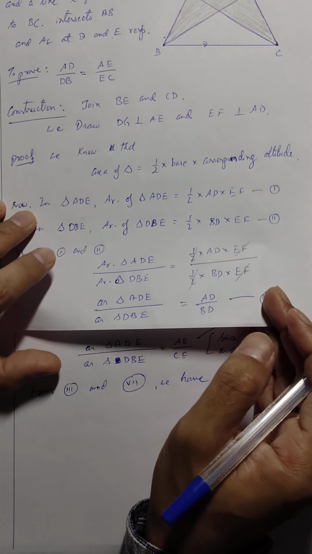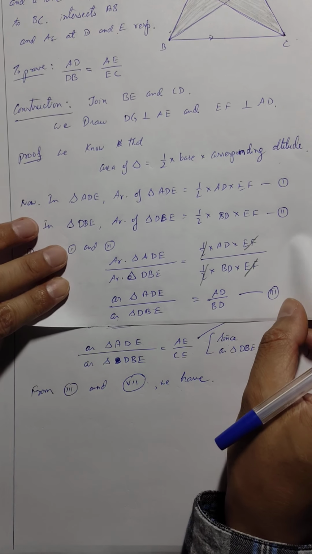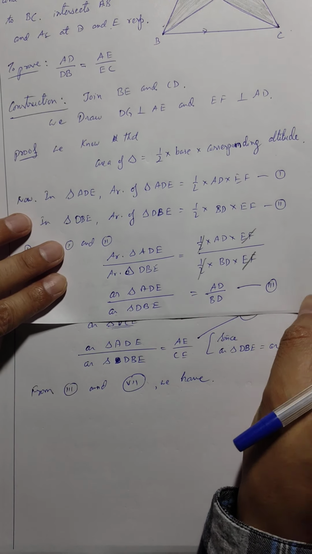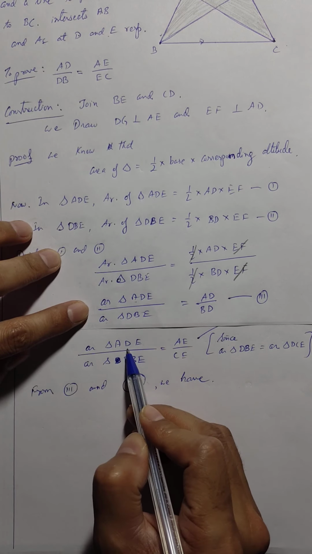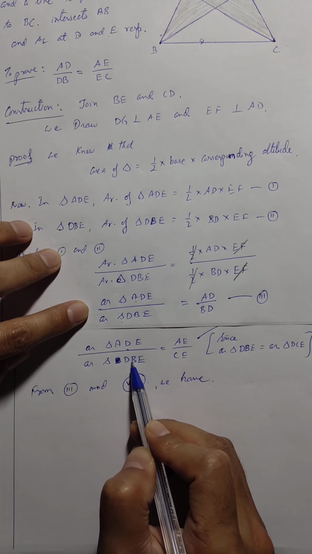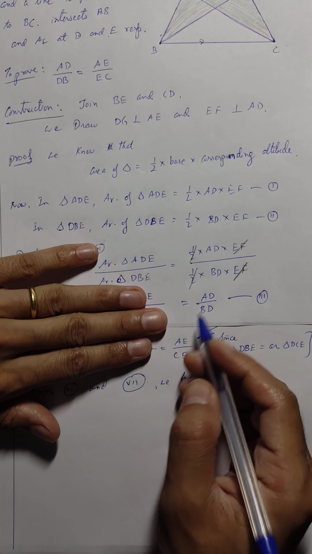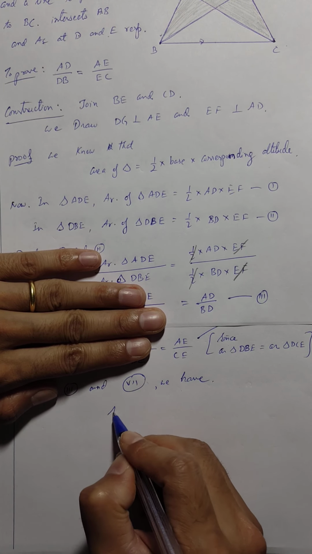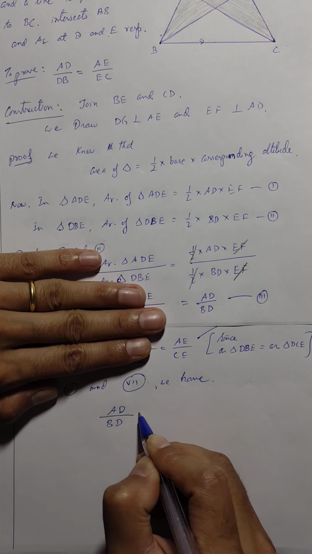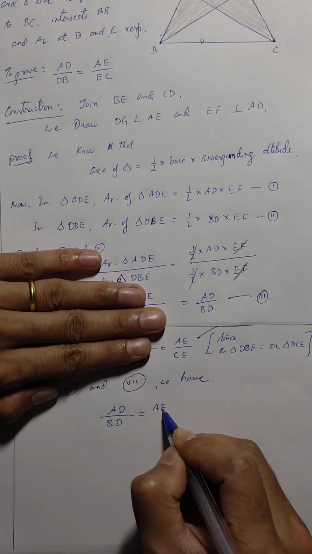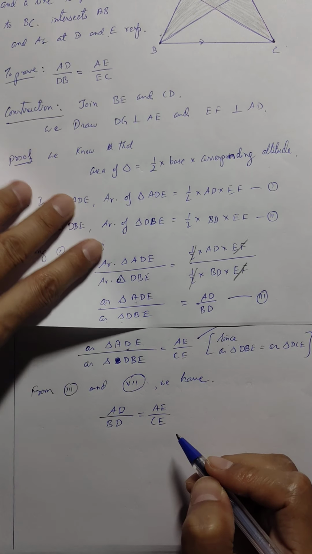So if you compare equation 3 and this equation 7, what do you see? This side is the same, na? Area of triangle ADE, DBE, DBE. So what can we have? We can also have that AD by BD is equal to AE by CE.